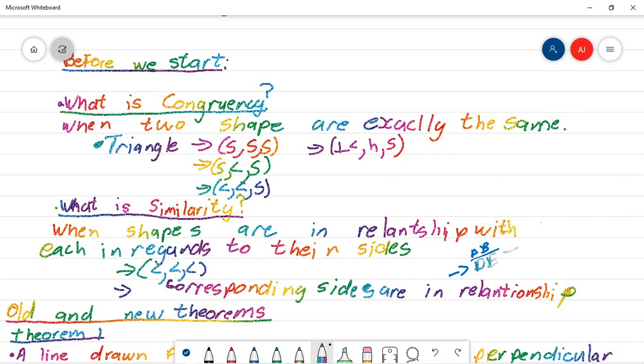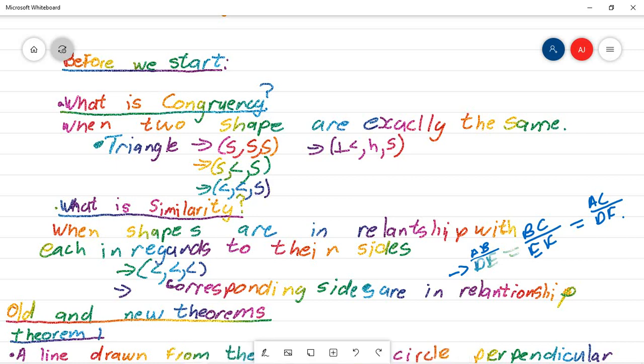AB divided by DE equals BC divided by EF equals AC divided by DF. Normally, when those sides are corresponding, they form a relationship with each other.